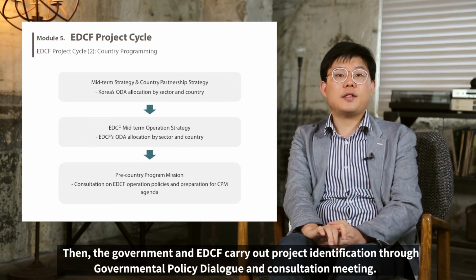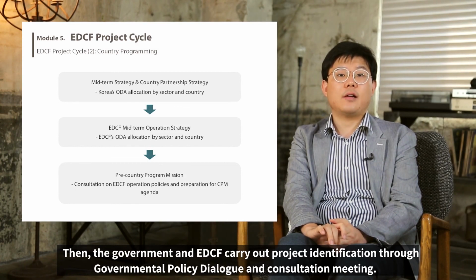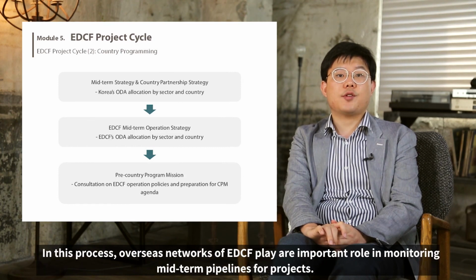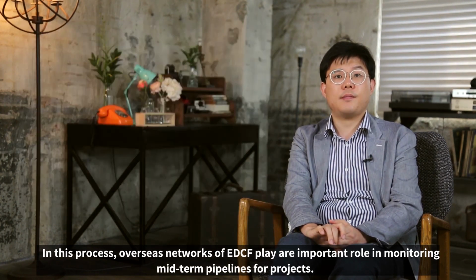Then, the government and EDCF carry out project identification through governmental policy dialogue and consultation meeting. In this process, overseas networks of EDCF play an important role in monitoring midterm pipelines for projects.